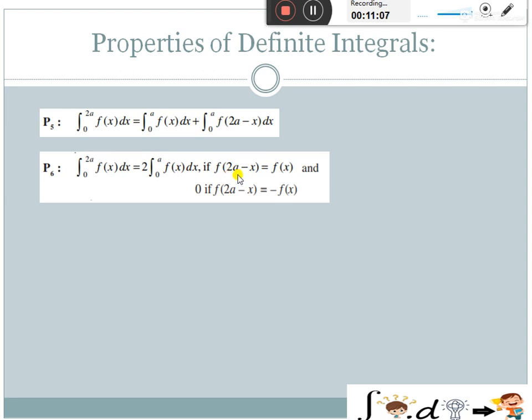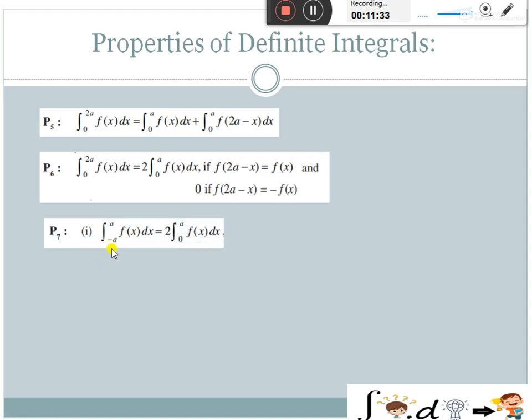If f of 2a minus x is equal to fx, both will be the same. Double of this, we get twice of 0 to a fx dx. And if f of 2a minus x is equal to minus fx, then its value is equal to 0. Is it clear?